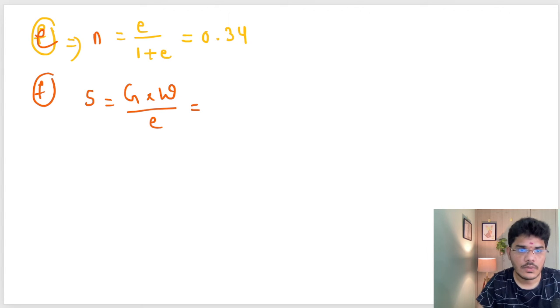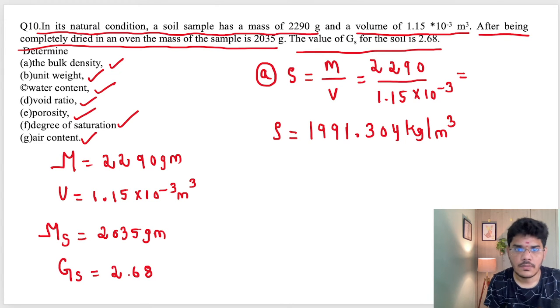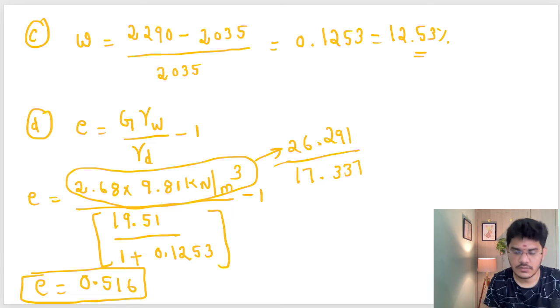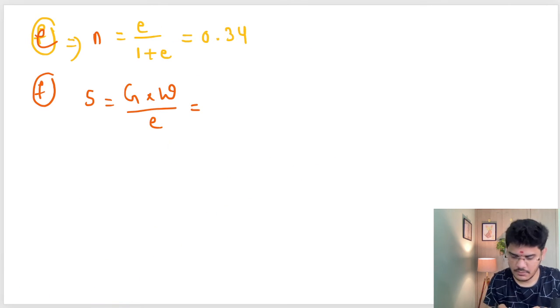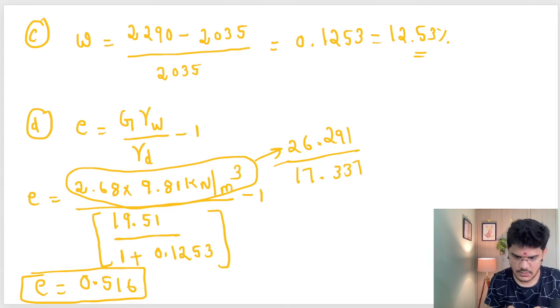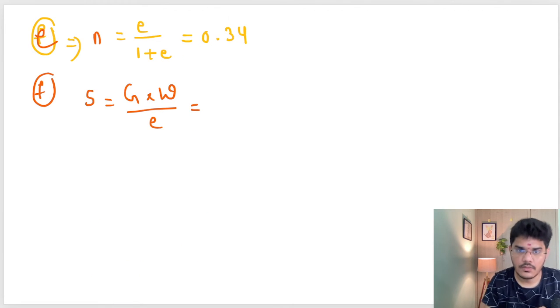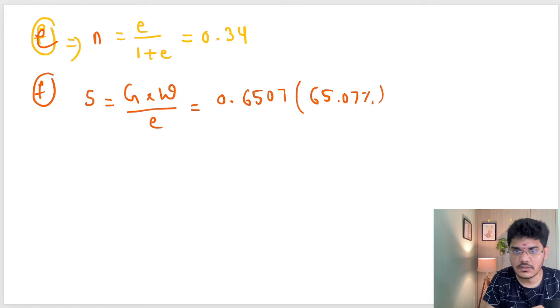Water content, just now we have calculated, 0.1253. Divided by E value, how much? E value is 0.516. So S is coming around 0.6507. That means 65.07% degree of saturation.